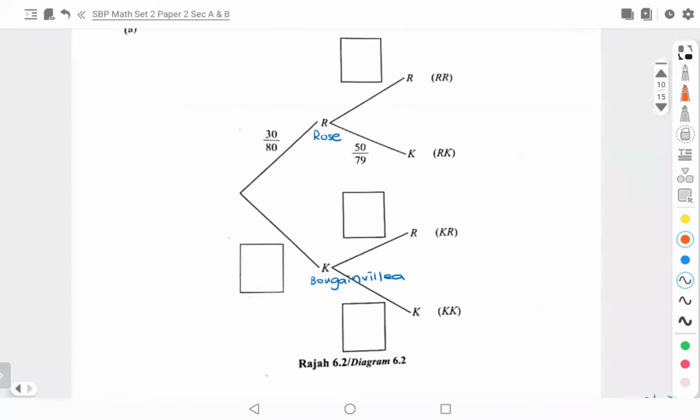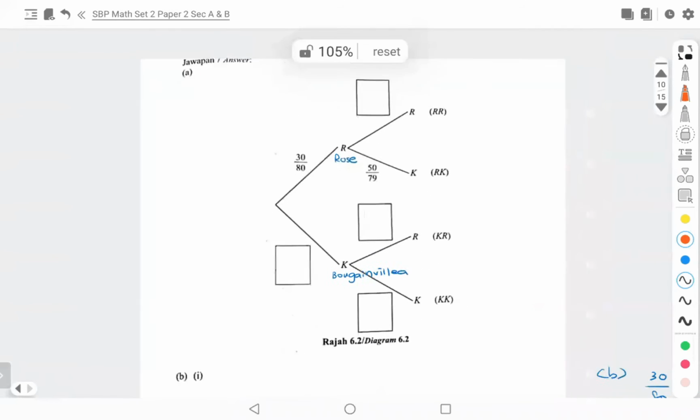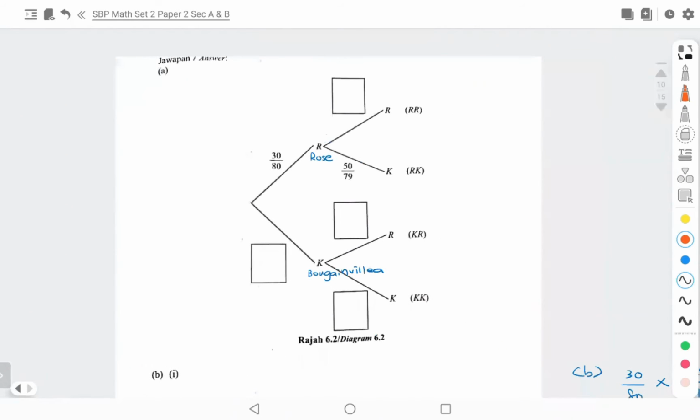So I will show you the probability here. R stands for rose, then K stands for Bougainvillea. If let's say the first selection, you got rose, then you will have the probability 30/80. So 30/80 means number of rose flowers over total.